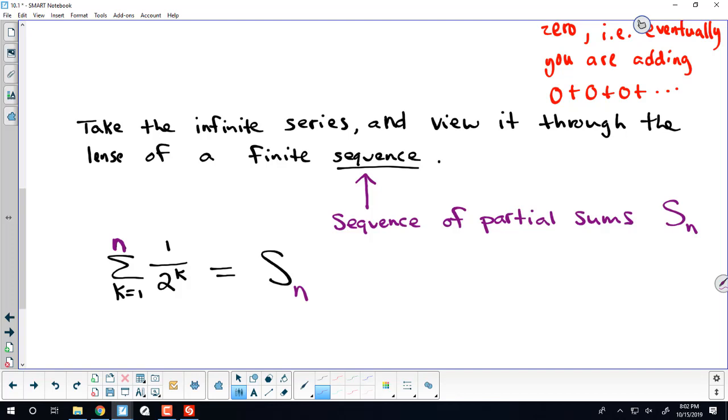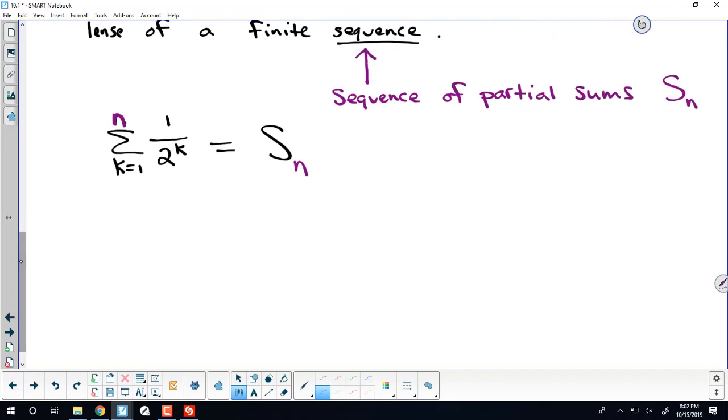I know it seems a bit abstract, but let's look at it explicitly written out for some of these terms. Let's list the terms of 1 over 2 to the k. We're just listing out each term, keeping in mind that the summation indicates that we have to sum those terms. The first term, when k equals 1, would be 1 over 2 to the first.